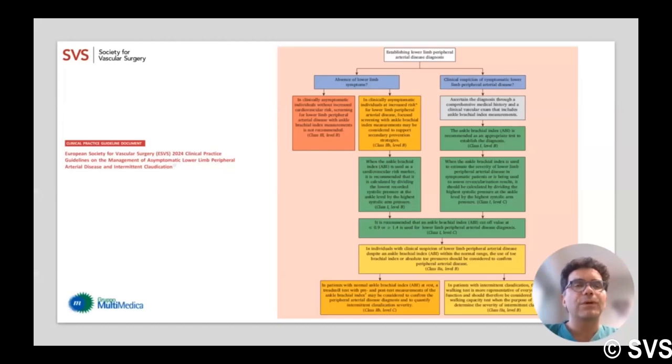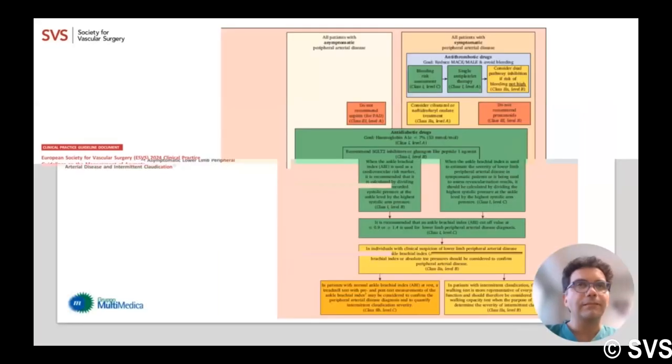Looking also to European Society of Vascular Surgery guidelines, you can see how important the clinical evaluation is for the patient affected by PAD, because you can see the green suggestions that show the high level of evidence for the suggestion of the guidelines.